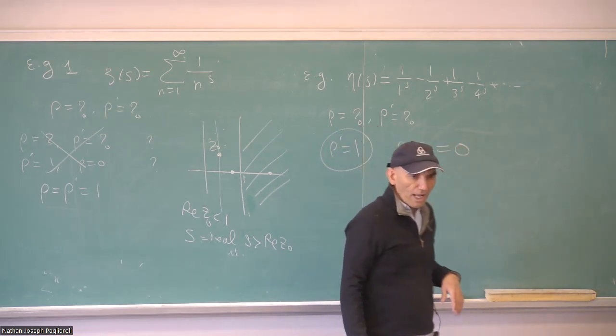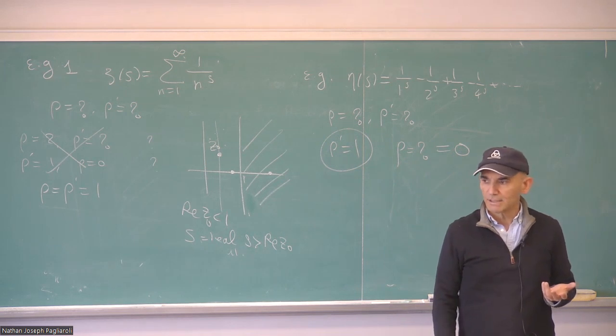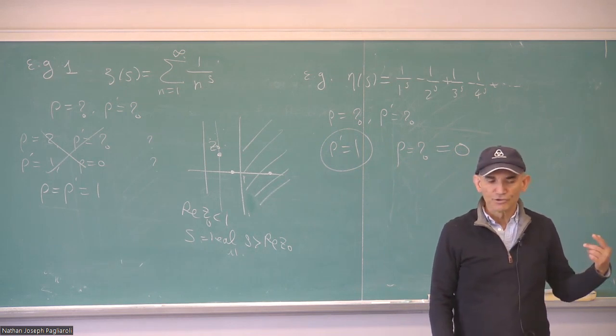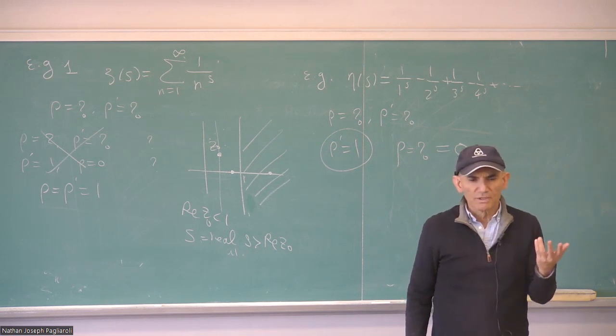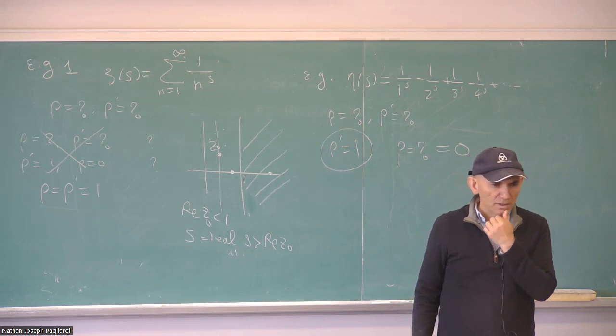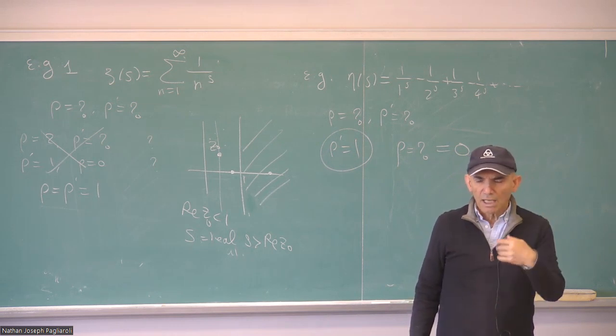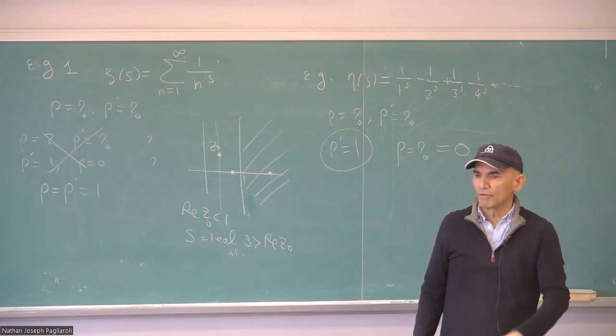Rho is 0, in fact. And the reason for that is this famous alternating test. The alternating test says that if the general term is decreasing, is alternating in sign, and is going to 0, then it is convergent.